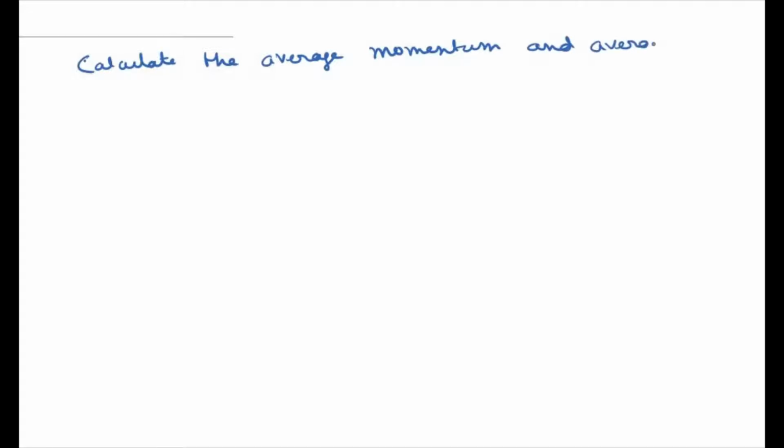Now your task is basically to calculate the average momentum and average energy for the eigenstates of the 1D potential well.